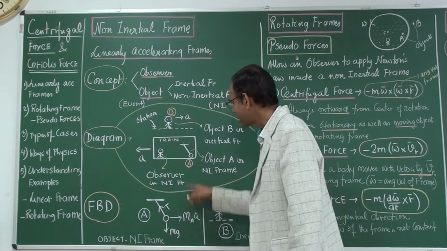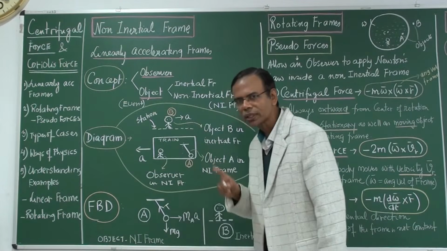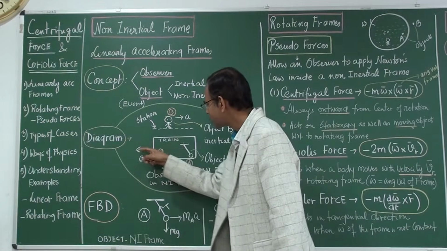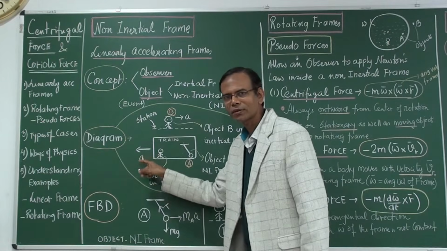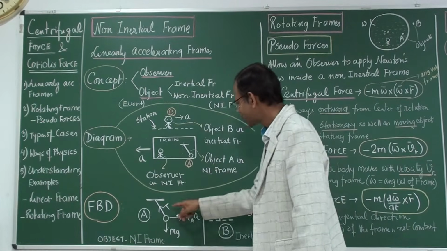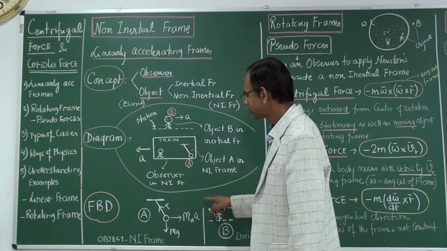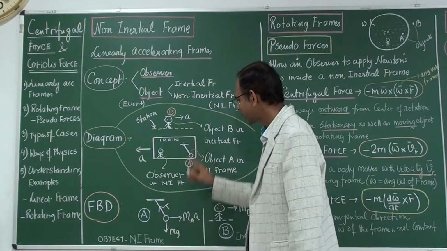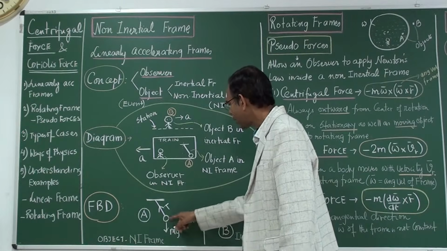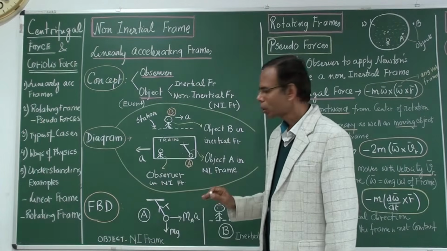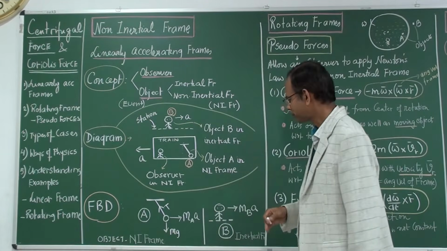That is ma, the mass of the object multiplied by the acceleration of the frame, in a direction opposite to the one in which the frame is accelerating. So this is the free body diagram of object A: tension, the force of gravity mg, the weight, and ma in the opposite direction. This is the concept we have learned and you also know it.